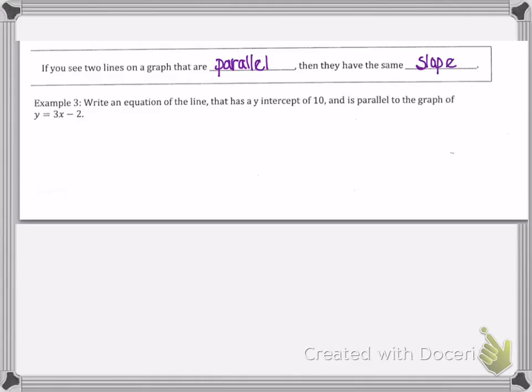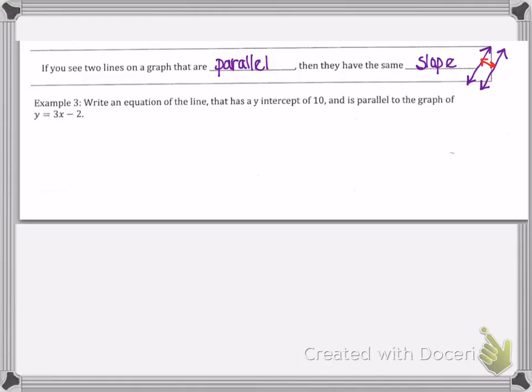So no matter how far you draw those parallel lines, they're never going to meet because they're exactly the same steepness. So the distance between them is always the same, which means they're never getting closer or further apart. So that's just the relationship between parallel lines that you're going to need to understand. Because for the next one, we're going to take a look at a parallel line situation.